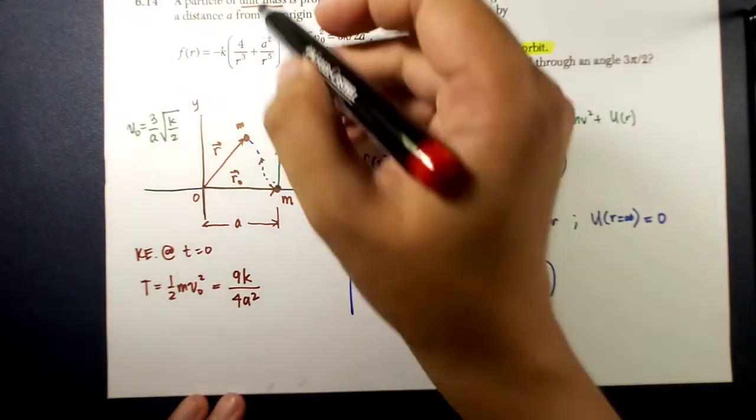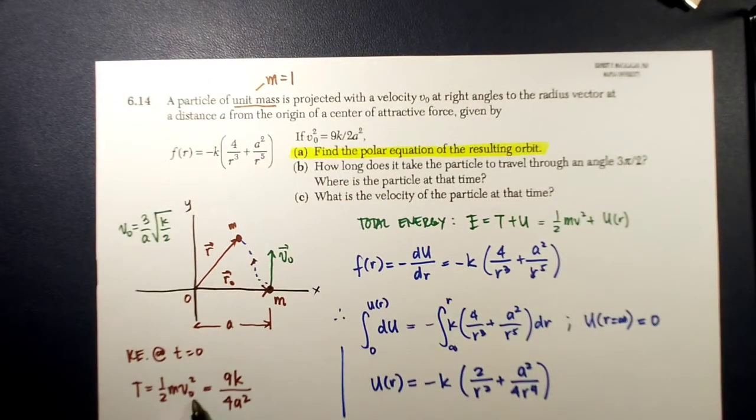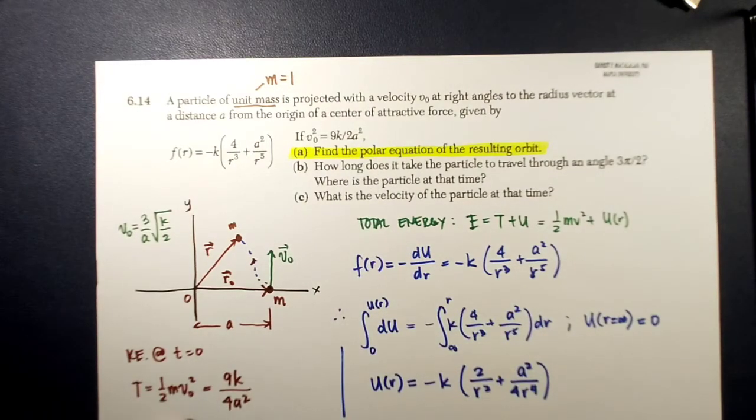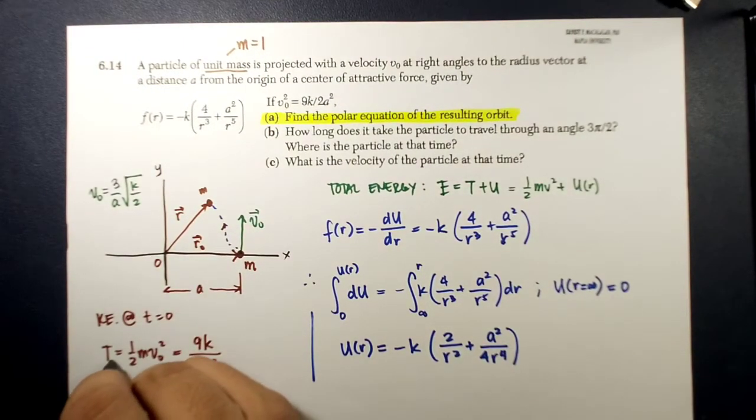Again, m is equal to 1, v naught squared is 9k over 2a squared, and then times 1/2, so we end up with this equation. Let's call this T naught.